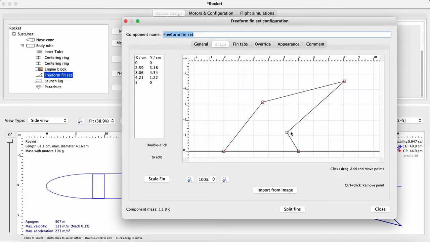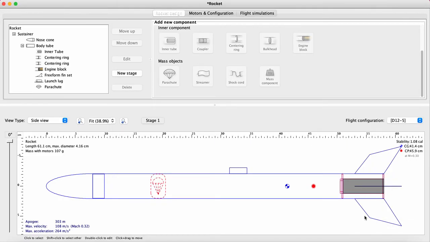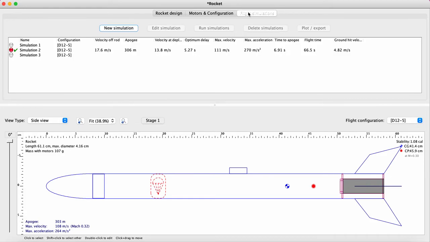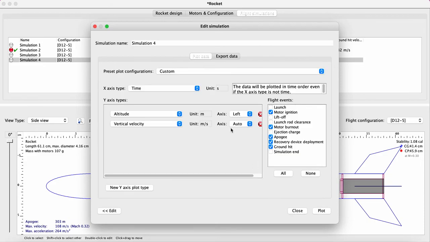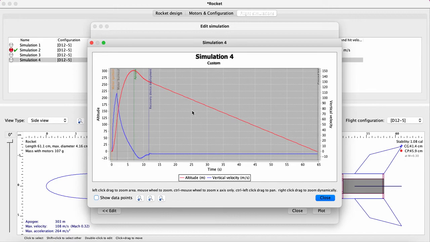So instead of this, let me go more traditional, almost like a more traditional thing like that. How does changing just that affect the flight? I'm going to click close. Now this looks much more traditional. I'm going to go back to flight simulation, do new simulation, simulate and plot. Cool, plot. All right, what changes?